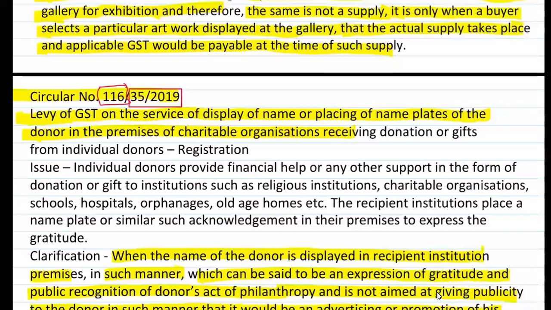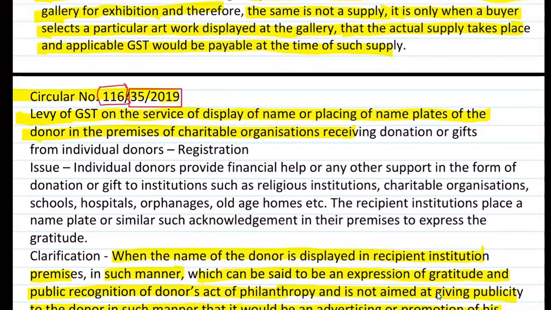I have donated at some temple or maybe some orphanage, and suppose my condition to them was that I will donate, but you have to display my name at your place, and also mention my business name. Don't you think it's a kind of advertisement that I'm doing?